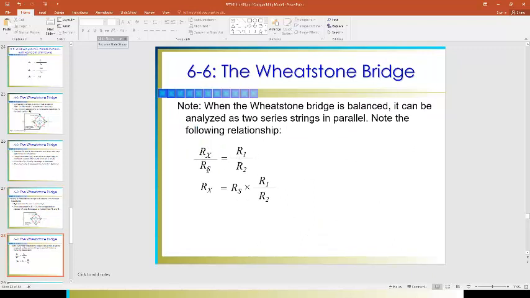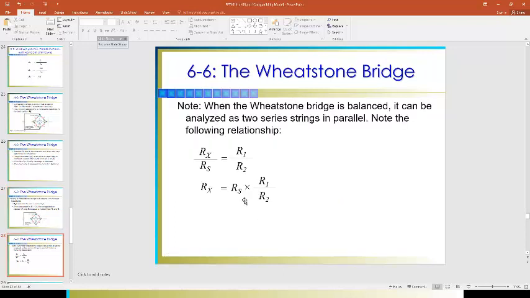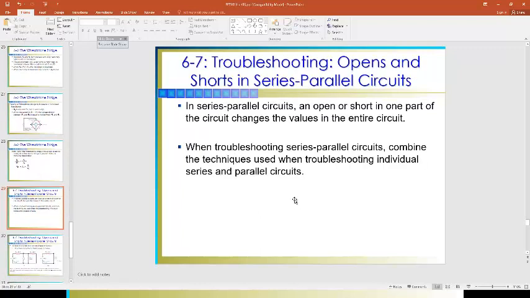So Rx over Rs must equal R1 over R2. So when we solve for Rx by multiplying both sides by Rs, we get Rx, which is this unknown value, equals Rs times the ratio of R1 over R2.